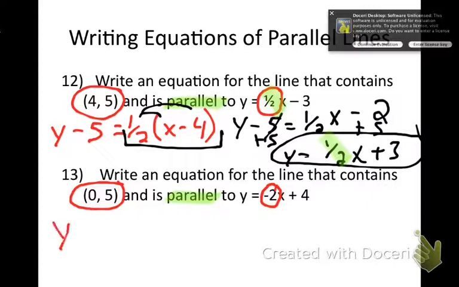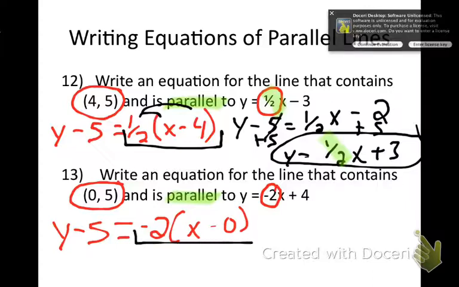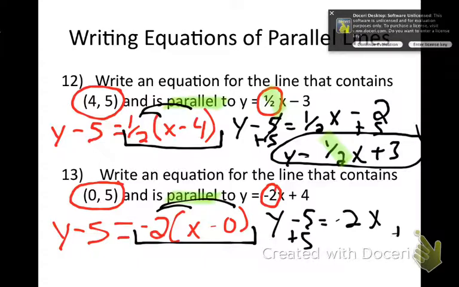So I'm going to say y minus 5 equals negative 2 (x minus 0). And again, anytime I see this setup, what do I think, Sophie? I distribute. So I distribute there, getting me y minus 5 equals negative 2x. From there, I just add 5 to both sides.